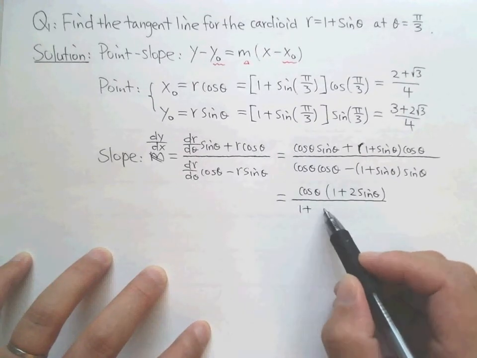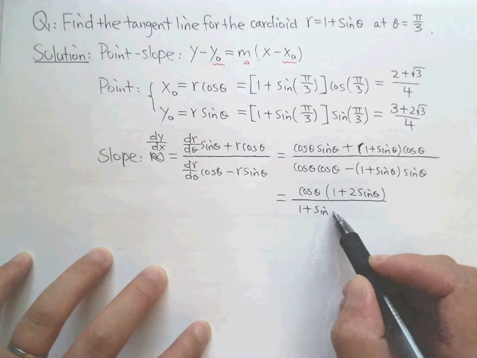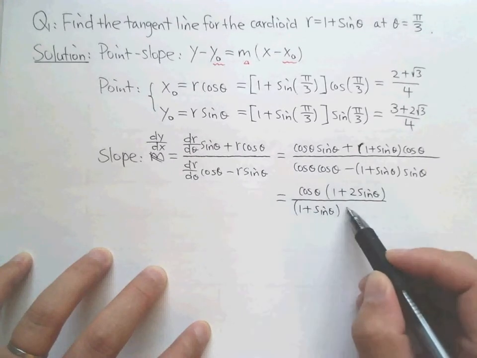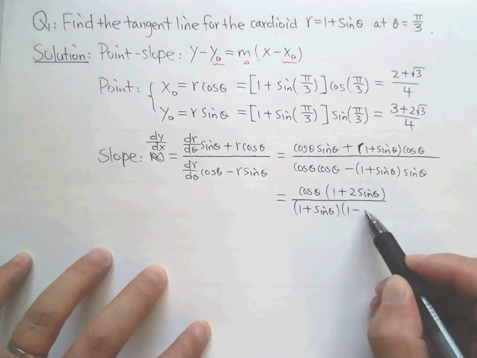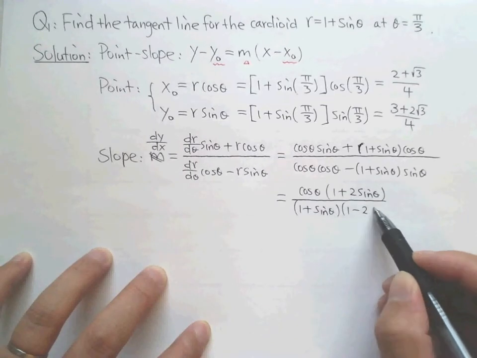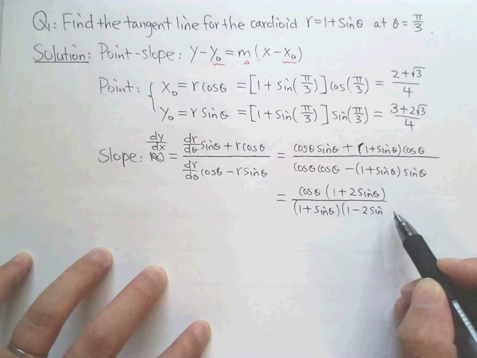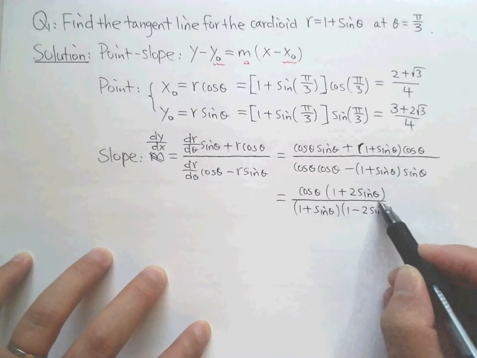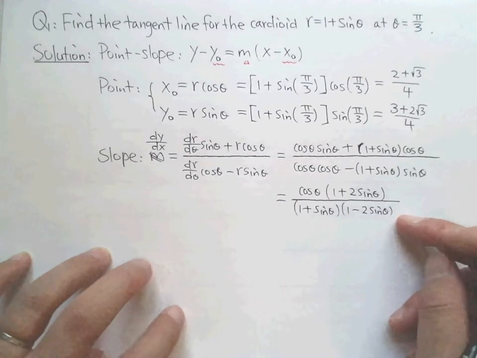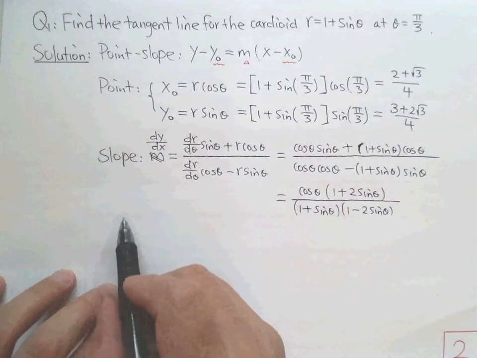It should be this: 1 plus sine theta, okay, and then 1 minus 2 times sine theta. Okay, you do the calculation, you will get this.